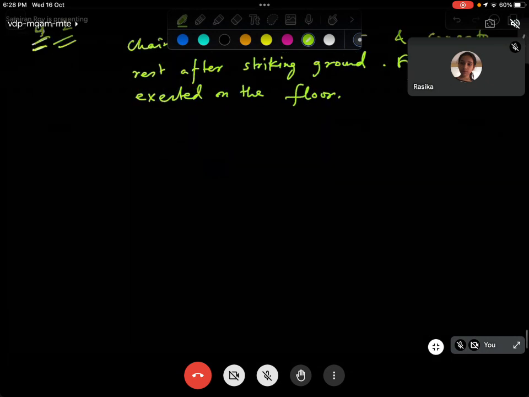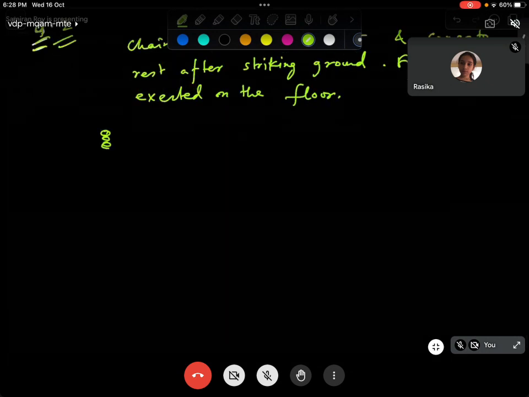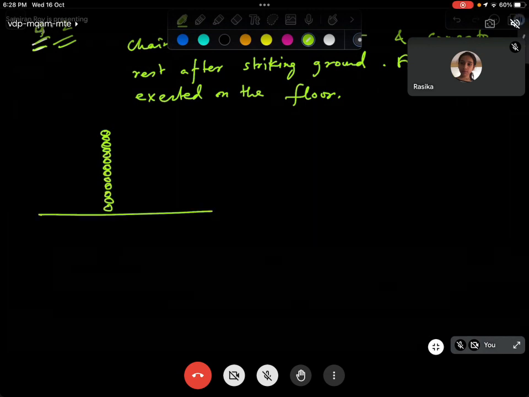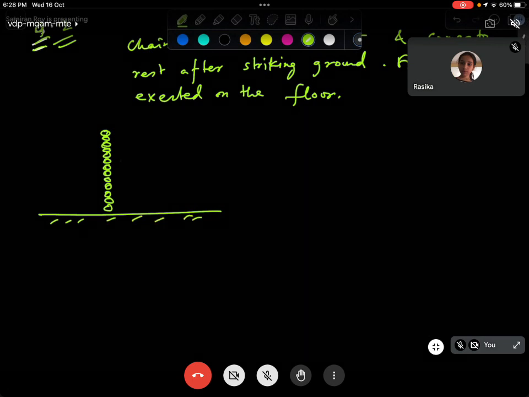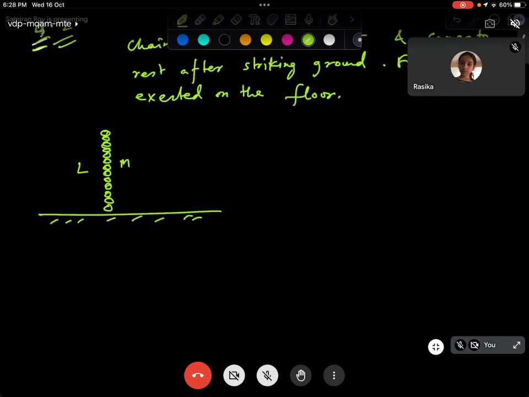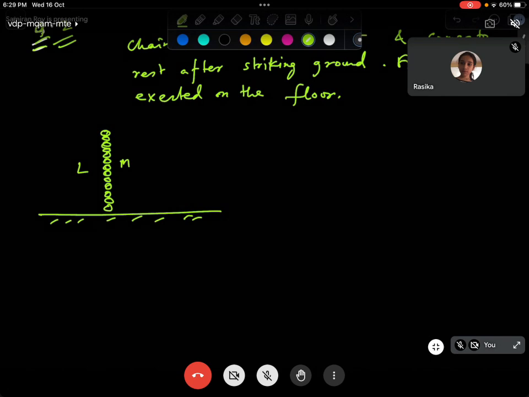There is a chain, again the same thing. It is just touching the floor initially, mass m, length l. It is just released from rest. Whenever it is striking the ground, it comes to rest, immediately after striking the ground. Just remember, this is the condition given. You have to find the force exerted on the floor.